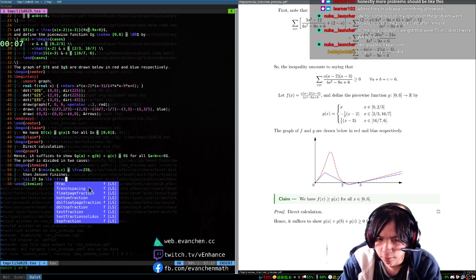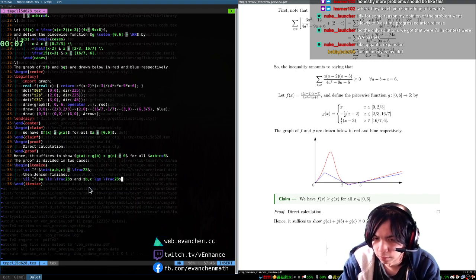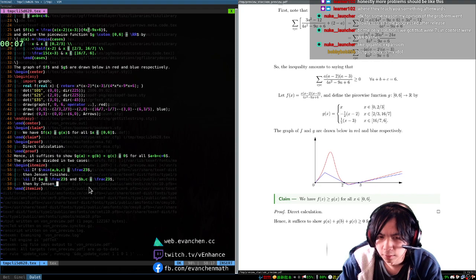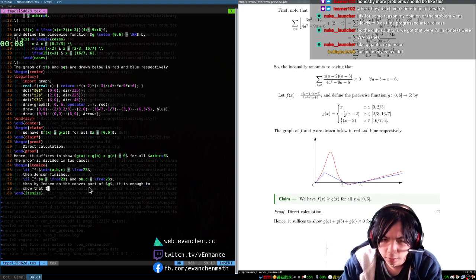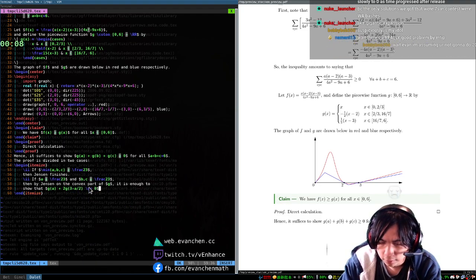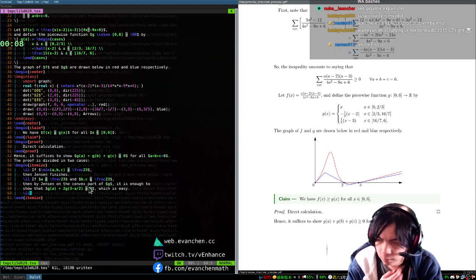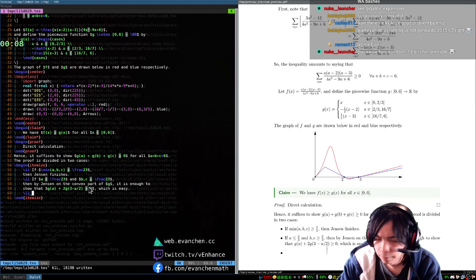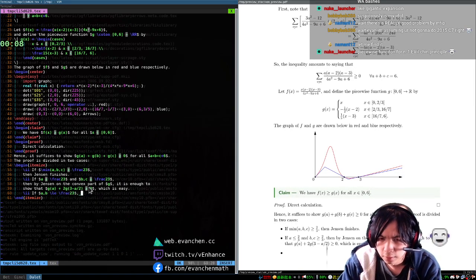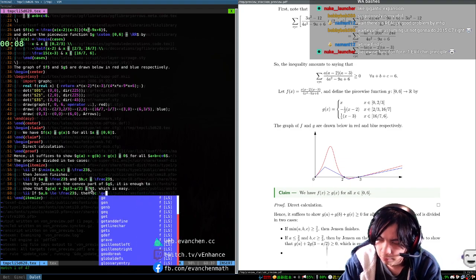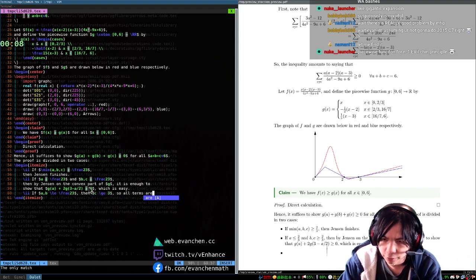If A is less than 2/3 and B, C are greater than 2/3, then by Jensen, it is enough to consider the convex part of g. It is enough to show that g of A plus 2g of (3 minus A)/2 is non-negative, which is easy. And if A, B are less than 2/3, then C is greater than 3, so all terms are non-negative.